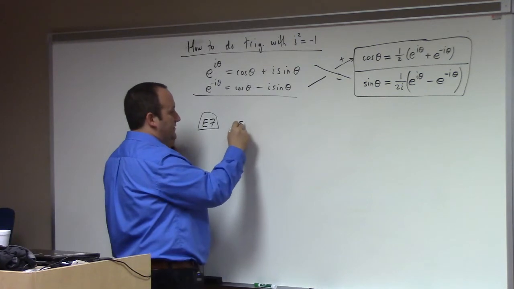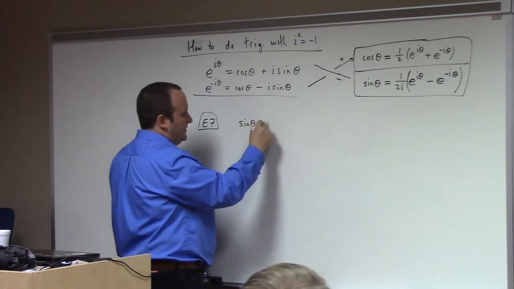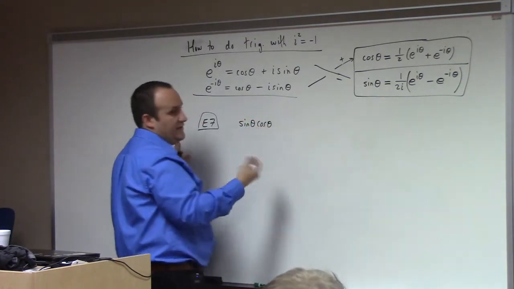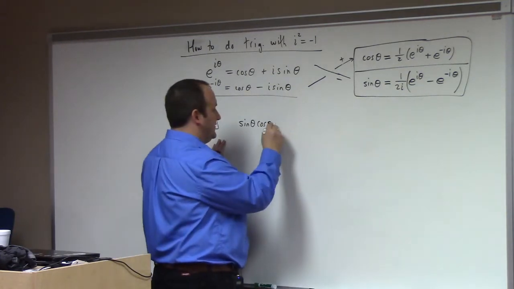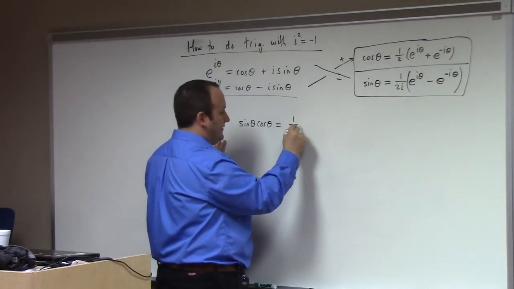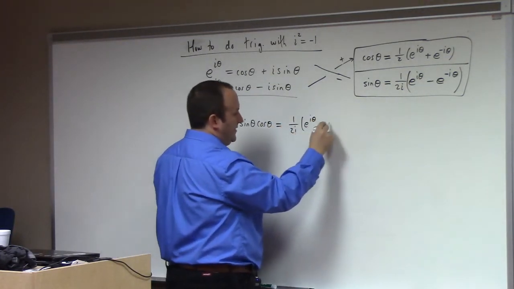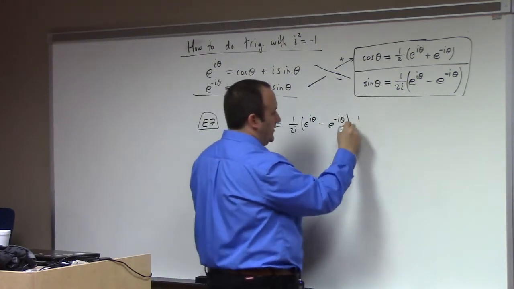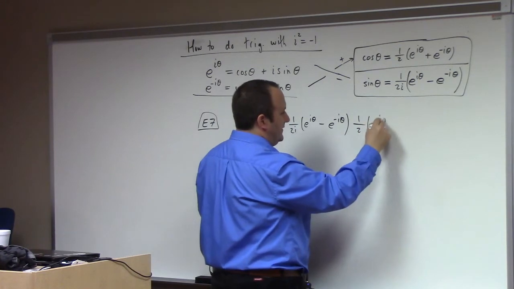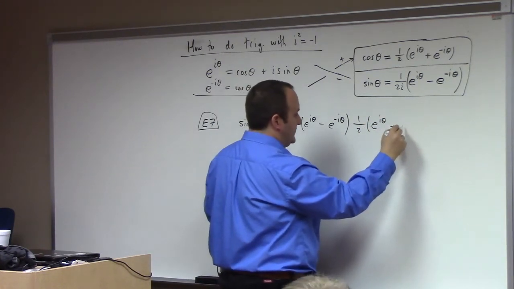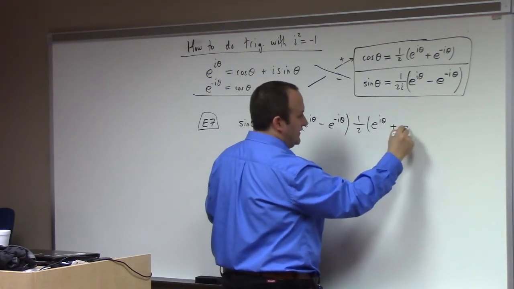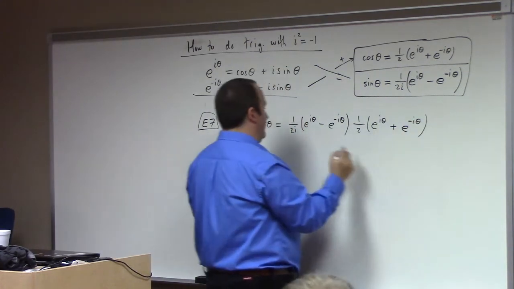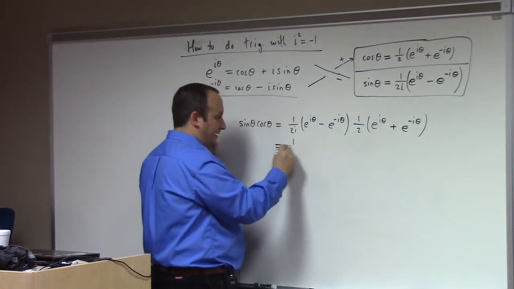If I multiply sine theta times cosine theta, if I do that in terms of imaginary exponentials, what do I get? I get 1 over 2i times e to the i theta minus e to the minus i theta, times 1/2 times e to the i theta plus e to the minus i theta. So I've got a 1 over 4i, right?